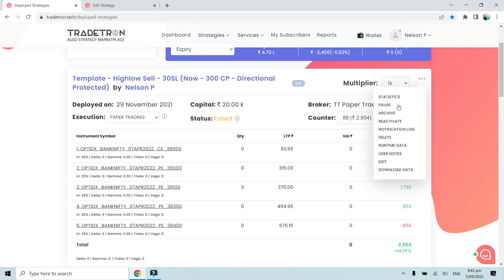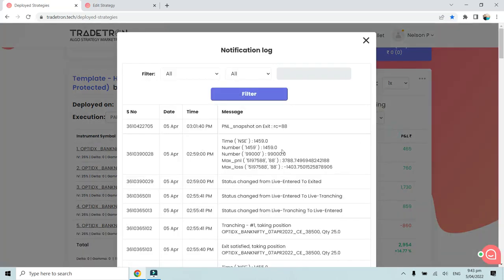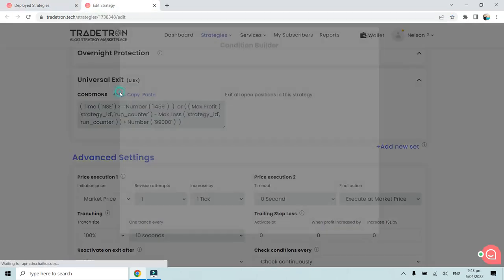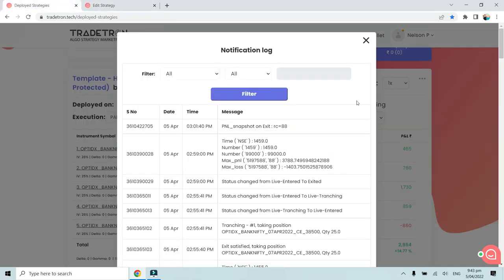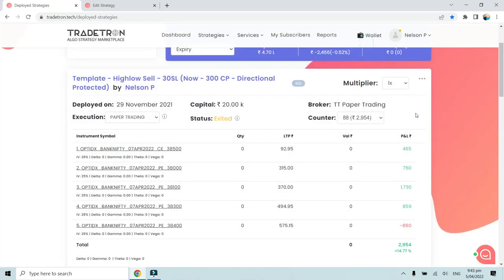If you see the notification log over here, we can see that at 2:59, as per the strategy condition, this strategy got universally exited. That is when this counter was changed. And as you can see here in the PNL snapshot on exit, run counter 88 was complete at 2:59 p.m. So that is how one counter works.